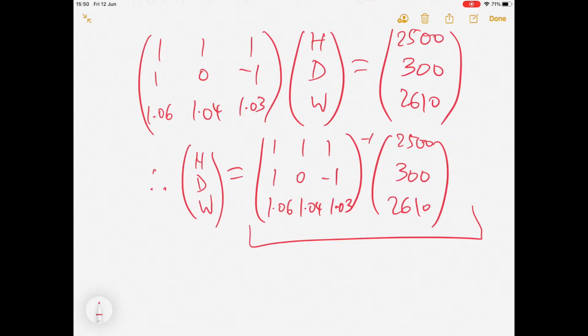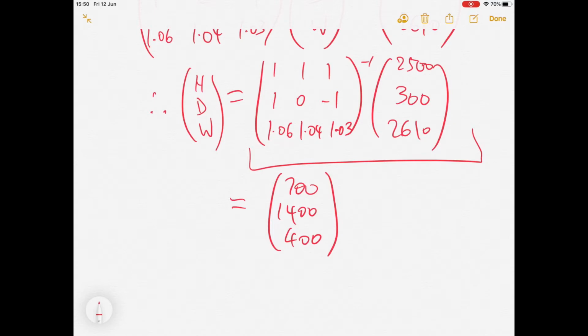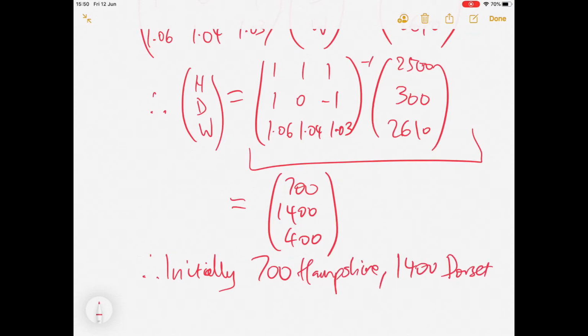So we should get an answer of 700, 1,400, 400. So we can say initially there were 700 Hampshire sheep, 1,400 Dorset Horn, and 400 Wiltshire Horn.